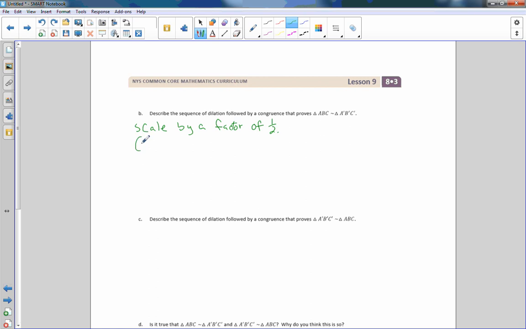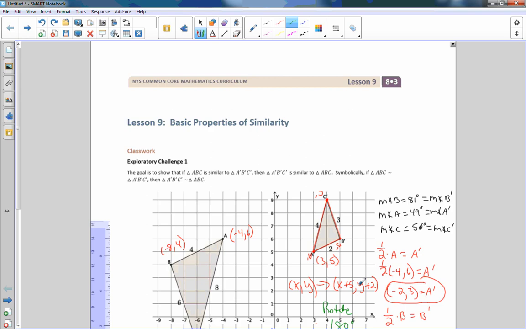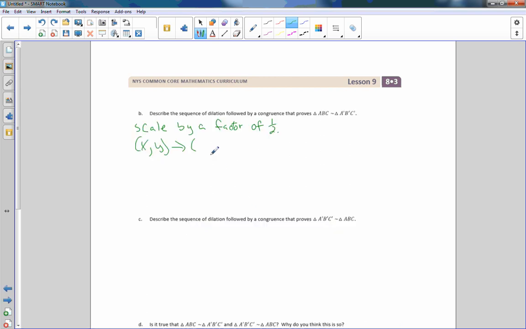Then I translate (x, y) right 5, up 2. And then finally, rotate 180 degrees about point A prime.